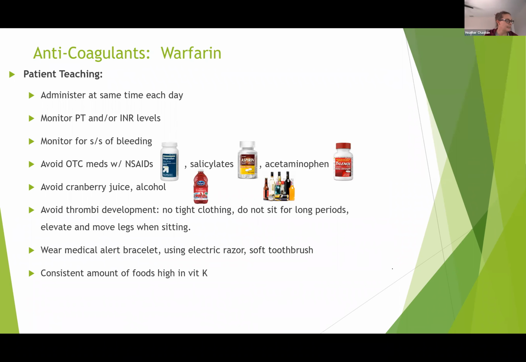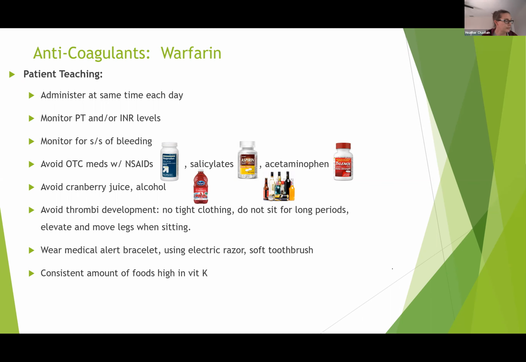So patient teaching: administer at the same time each day. Remember, that's going to help us keep a consistent amount of warfarin in the blood. We want a nice steady state and just keep that steady state in there. Monitor their PT and or INR levels to make sure the dose is nice and therapeutic. Monitor for signs and symptoms of bleeding, which would indicate that they are maybe taking too much.